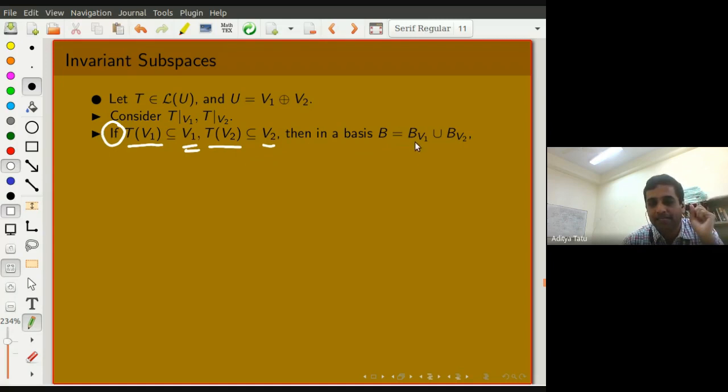Then in a basis which is formed by taking the union of the basis of subspace V1 and the basis of subspace V2, how will this matrix look like?